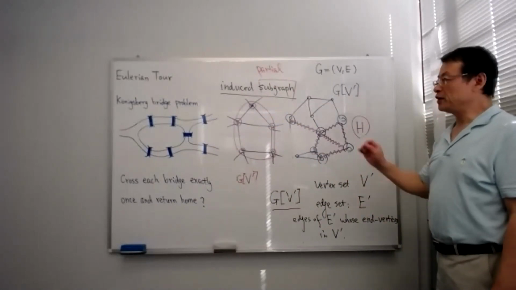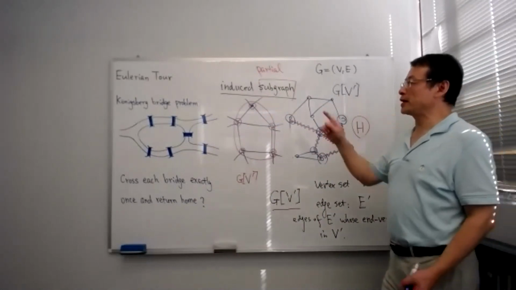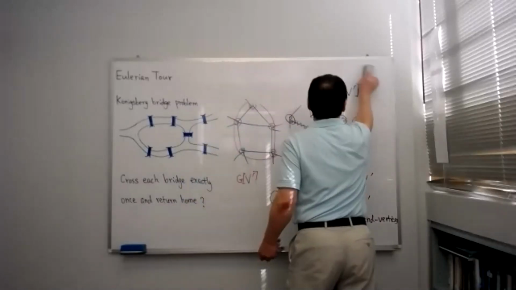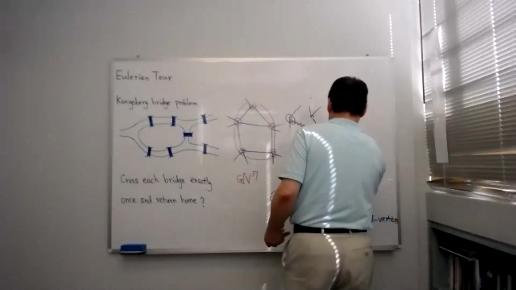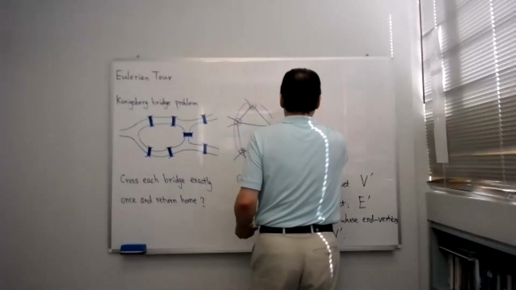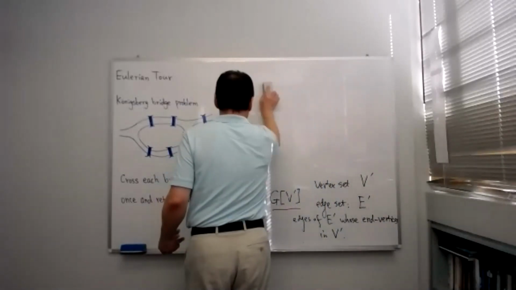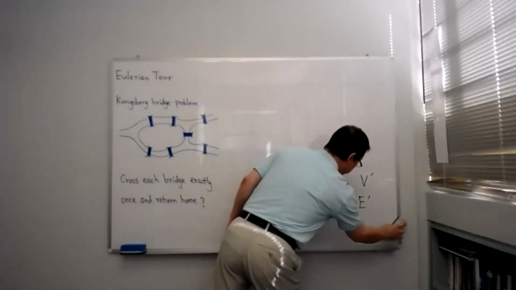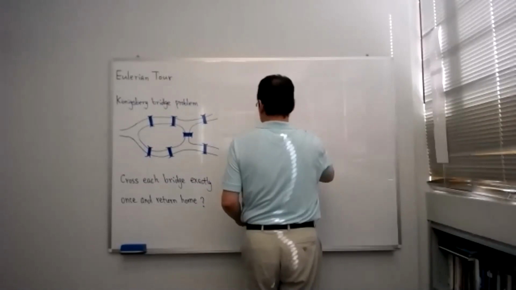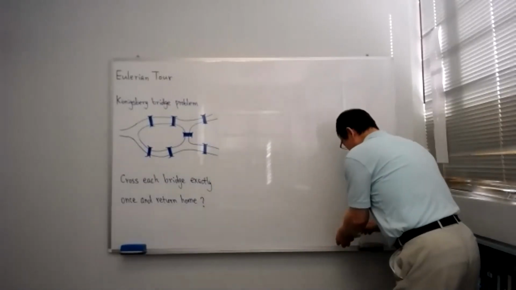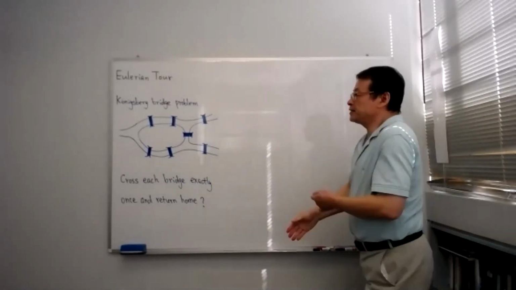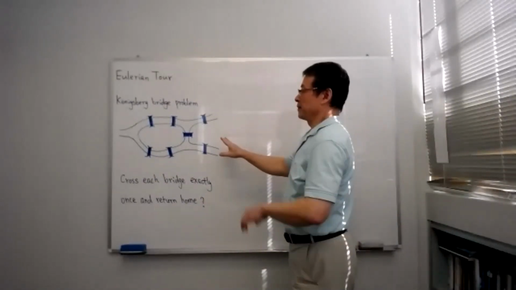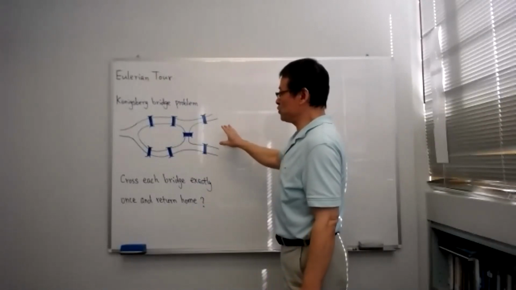Now we go back to our main subject, Eulerian tour. Let's start with this puzzle, called the Königsberg Bridge problem.